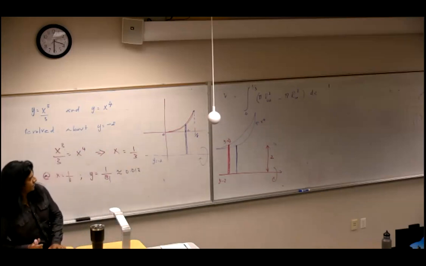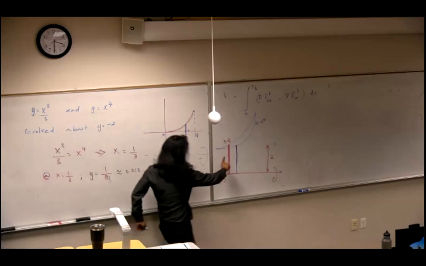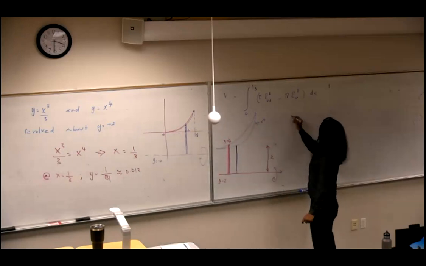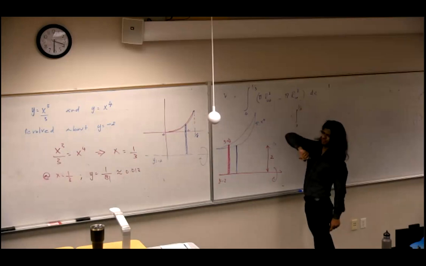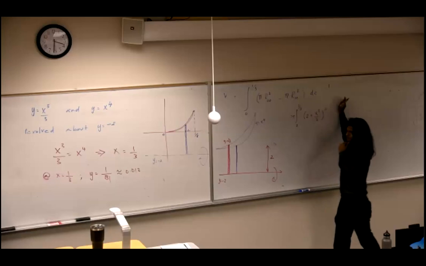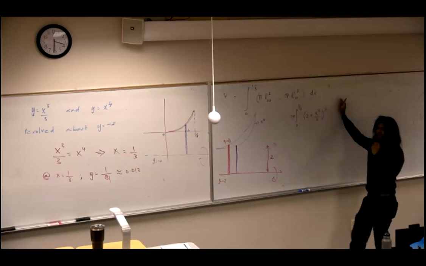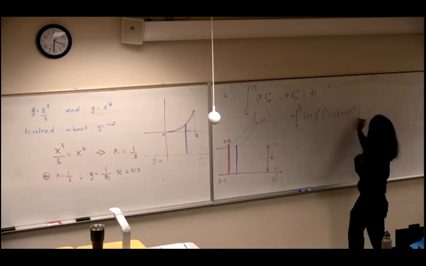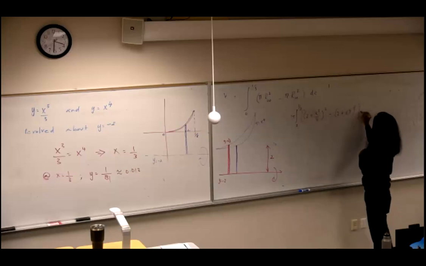So the outer radius is 2 plus whatever is defined by the function. Pi is in common, so I can pull it out. (2 plus x cubed divided by 3) squared minus (2 plus x to the 4) squared dx.